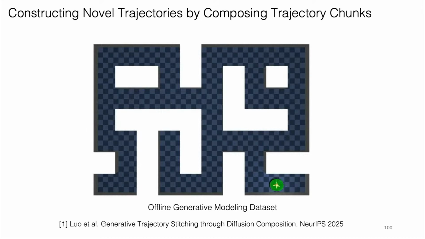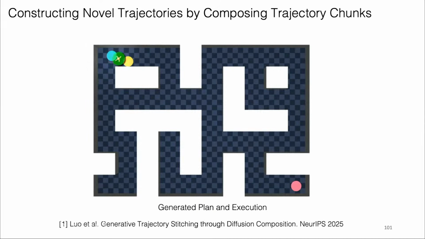So if you have an offline data set where your ant is just locally wandering around, it turns out that by composing these models, by jointly optimizing energy functions per segment, you can get a plan that goes from the start location to the go location.